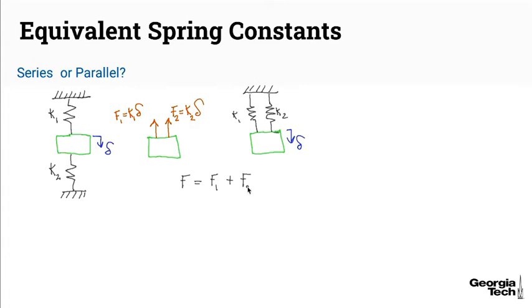And we can substitute in for F1, K1 delta, and for F2, K2 delta. And that's going to equal K equivalent delta.